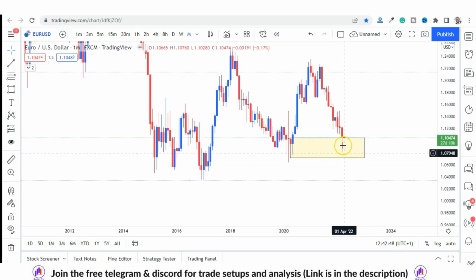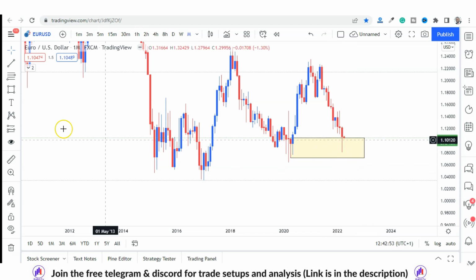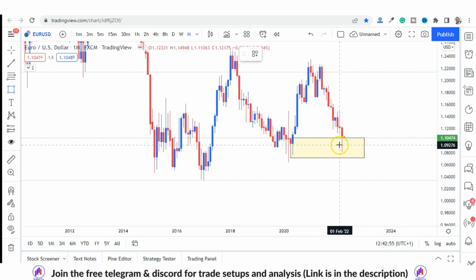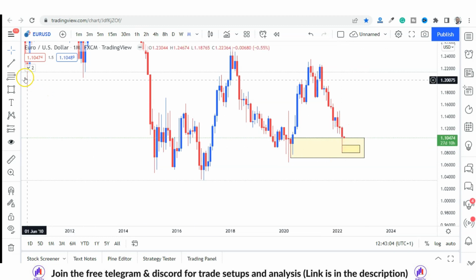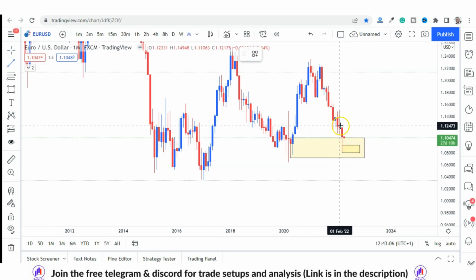So if price comes down towards this demand zone here and I see a reaction, I will identify this zone in the lower time frame, and if I see a reaction here, then we can decide to move up and then we target this monthly high.